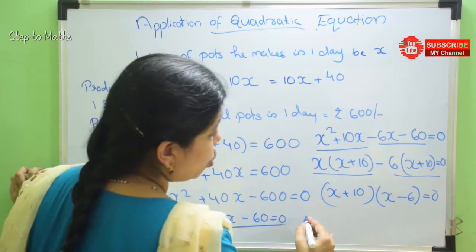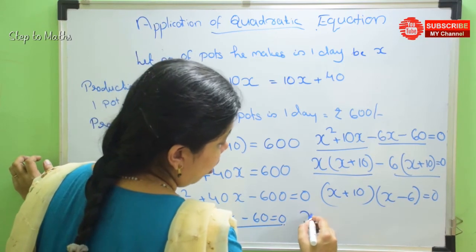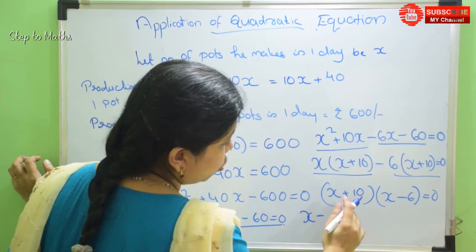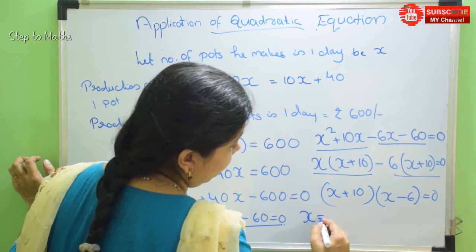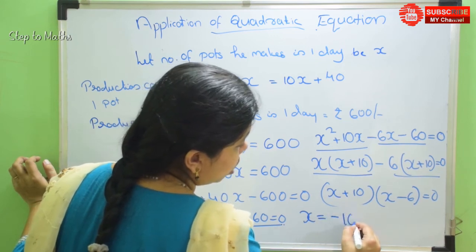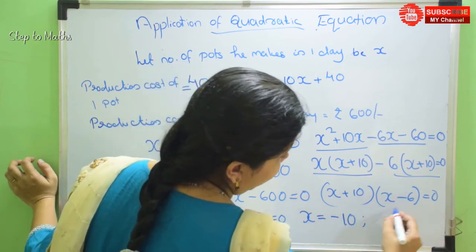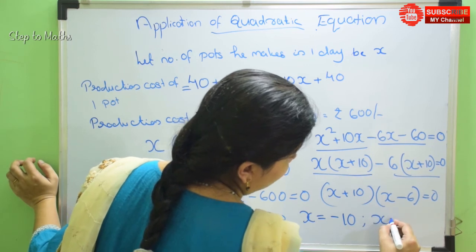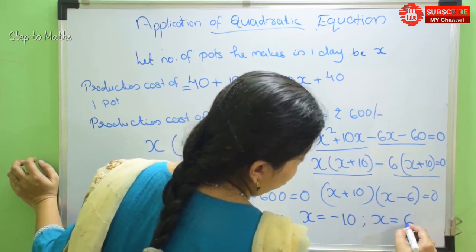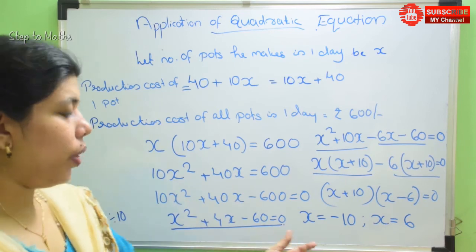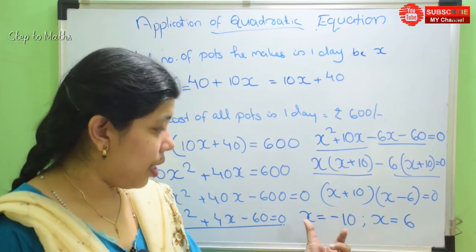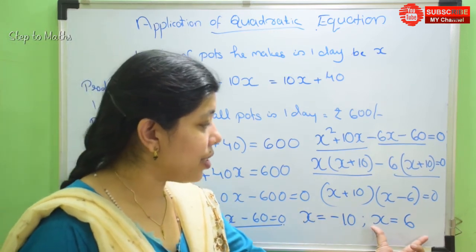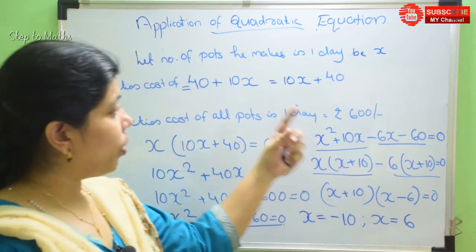Now equate each term to 0. x plus 10 is equal to 0 implies x is equal to minus 10, and x minus 6 equal to 0 implies x is equal to 6. We get the values of x: x is equal to minus 10 and x is equal to 6.